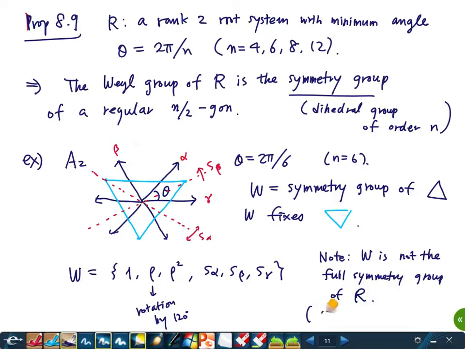So a 60-degree rotation is in the full symmetry group of R, but not in W, right? If you rotate 60 degrees, the six roots are still the same, but it is not in this Weyl group.